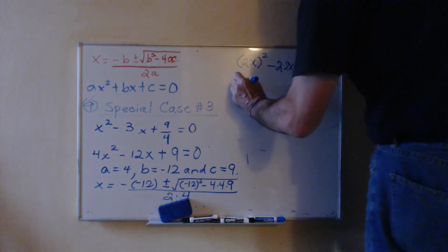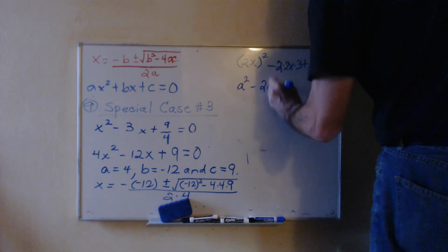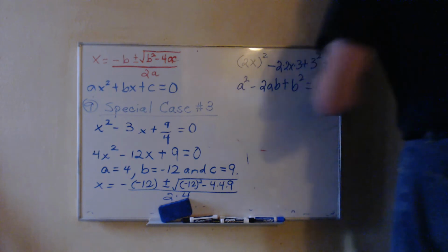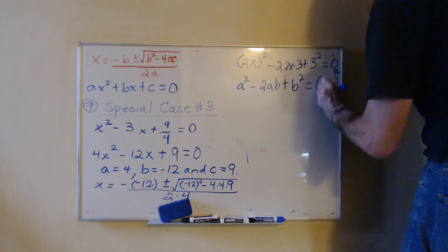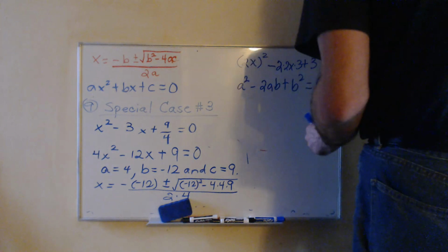So that fits this formula of a squared minus 2ab plus b squared. That perfect square trinomial is equal to the quantity a minus b, all of that squared.